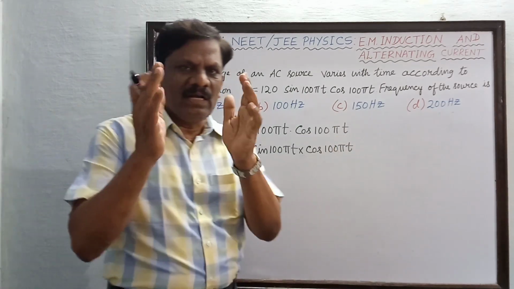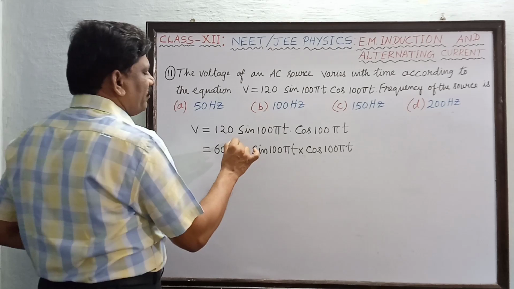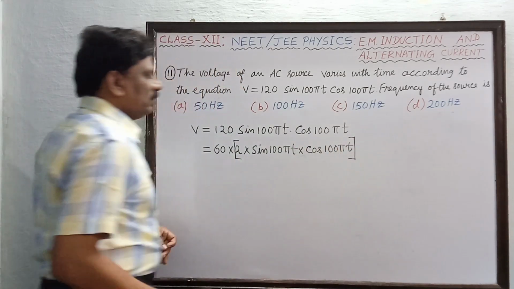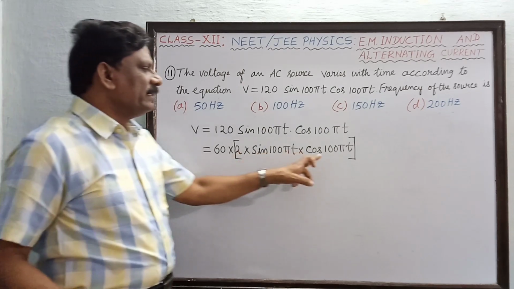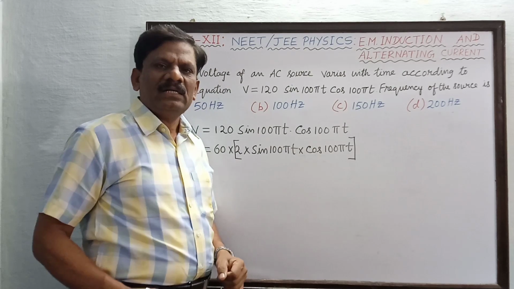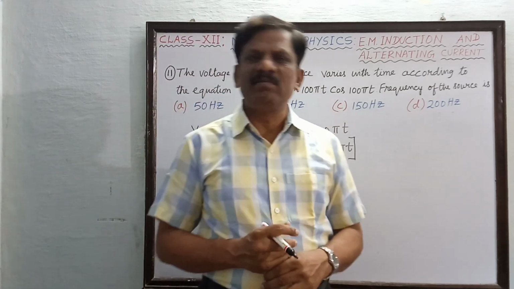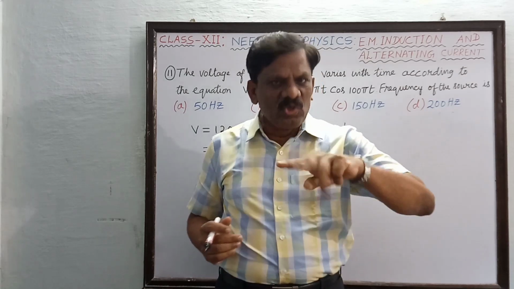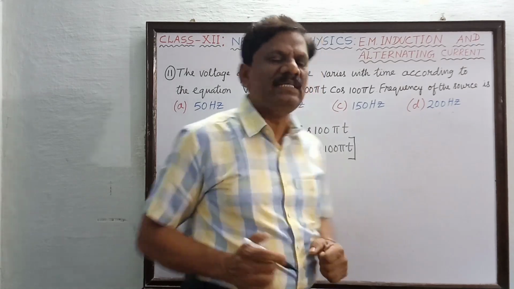Now carefully observe this equation. It is like 2 sin θ cos θ, where θ is equal to 100πt. Is it not? So what is the short form of 2 sin θ cos θ? It is equal to sin 2θ.